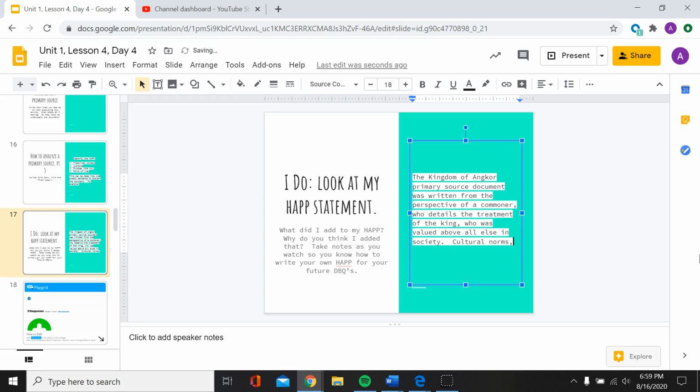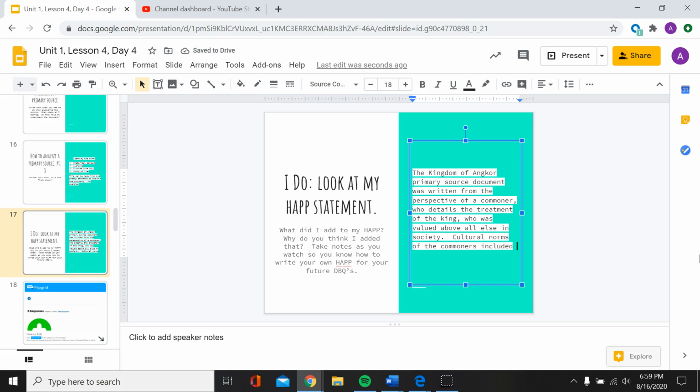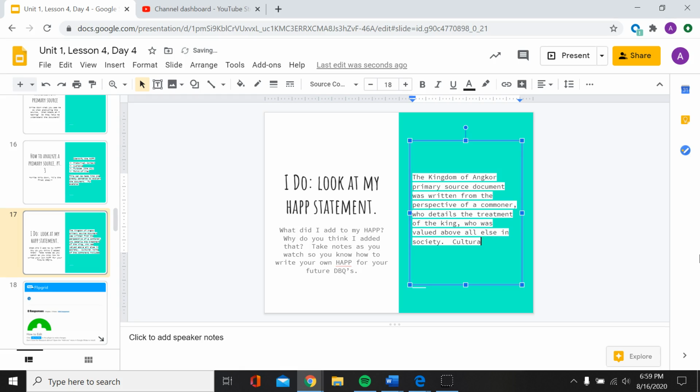I'm going to say cultural norms of the commoners included, oh wait, I want to add that briefly part back in. So I'm going to say briefly detailed are the cultural norms of the people. Feels a little bit nicer than commoners, right? And I still pull in the fact that we're not talking about anybody besides the king that much.